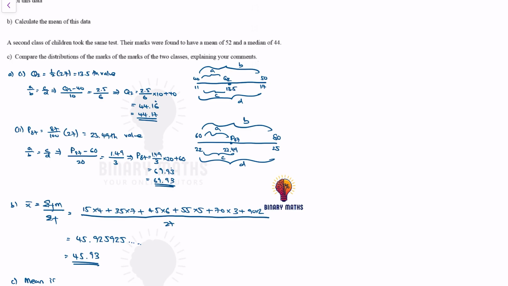The mean is higher in the second class, therefore they must have some very high marks, possible outliers.